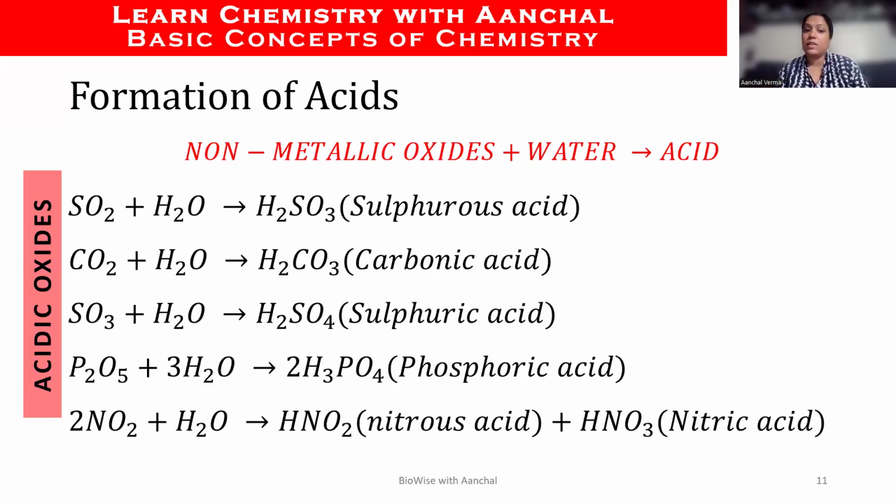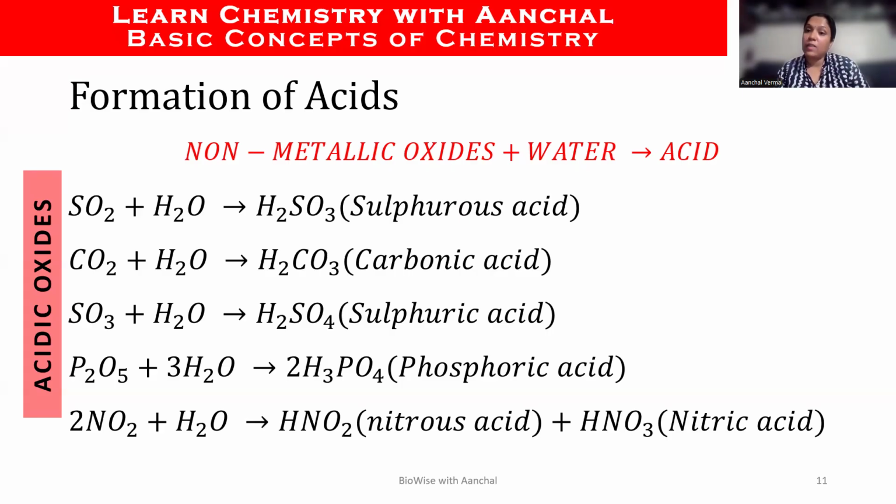Fine. Like here, this is also for acid rain, the first reaction, and even the last reaction is for acid rain. So SO2 plus water will give you sulfurous acid. Carbon dioxide plus water will give you carbonic acid. Sulfur trioxide with water will give you sulfuric acid. Phosphorus pentaoxide with water will give you phosphoric acid.